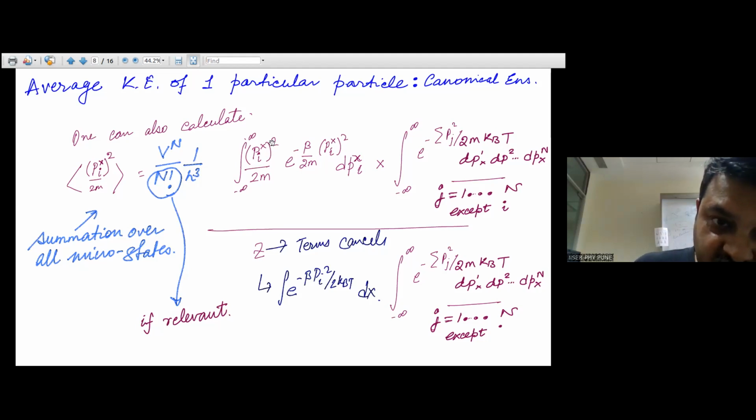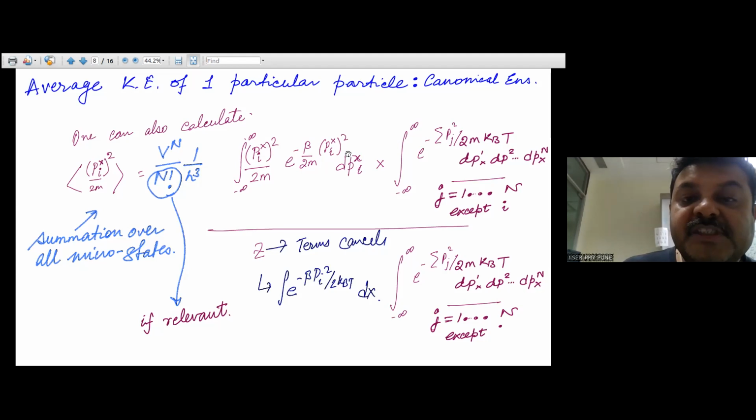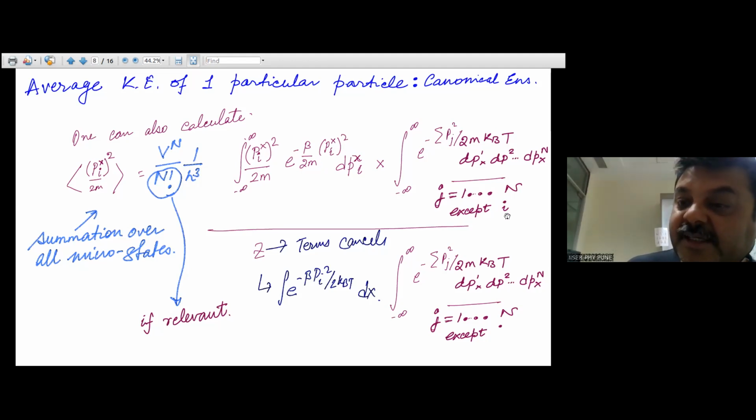But we are interested only in the average value of this. As long as we fix this, we are writing down the energy of that entire microstate here, but the other degrees of freedom, j equal to 1 to n, or 1 to 3n if you have x, y, and z coordinates, except i, are decoupled from this.